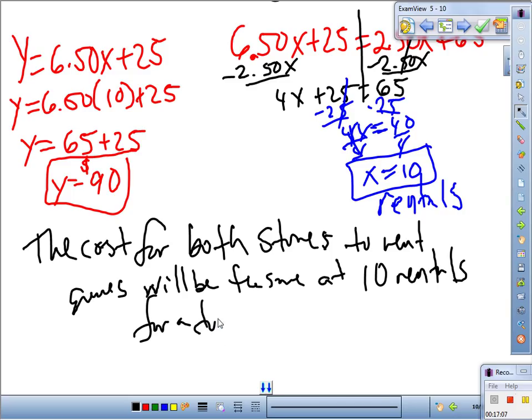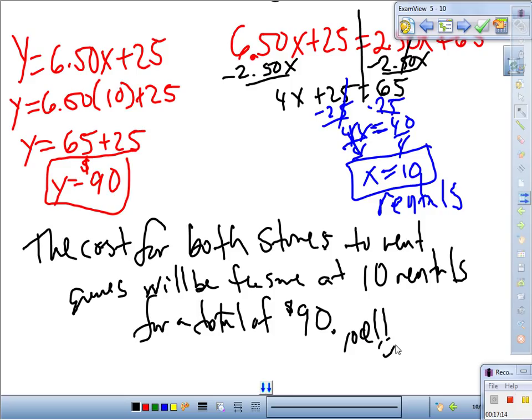For a total of 90 buckaroonies. 10 cubes. The cost for both stores to rent games will be the same at 10 rentals for a total of $90.